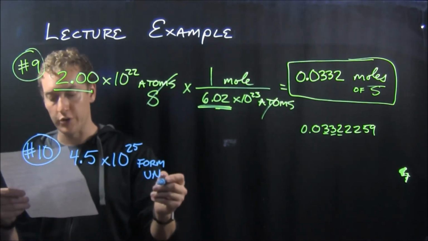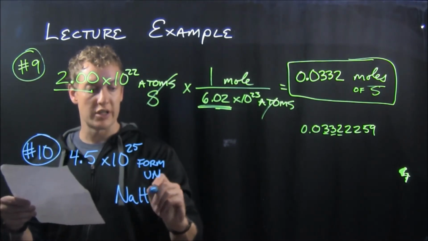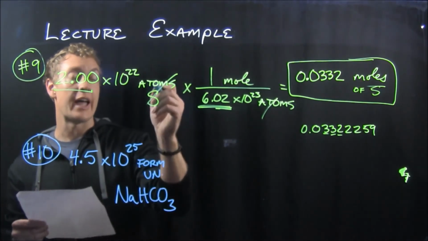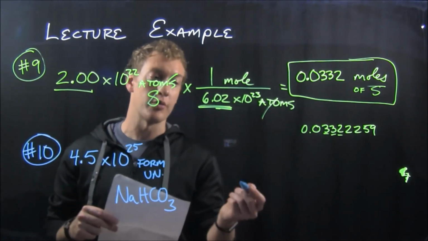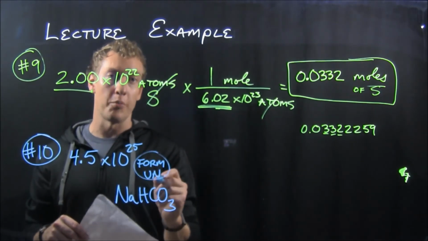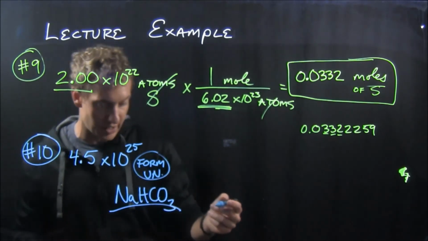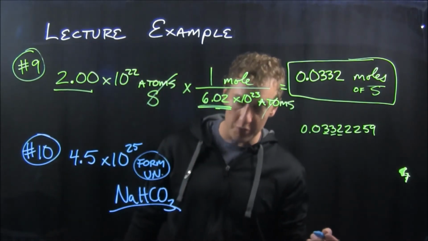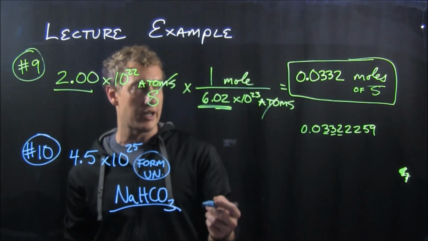Now, why formula units? Just like atoms are the smallest component of an element, the particles that comprise an element, formula units are the particles that comprise an ionic compound. So that's why the language sounds kind of awkward. It's talking about formula units, which are the particles when we're talking about an ionic compound.